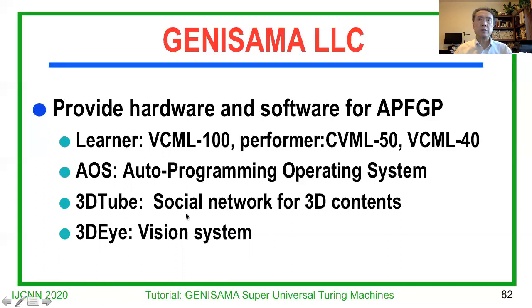And 3D Tube is a social network for 3D content, so that you can record and post your 3D content, either video or images, 3D binocular video. And 3DI is a vision system, and later on we'll teach vision systems for disparity detection, for navigation, for object recognition, and so on. The prototype is ready.